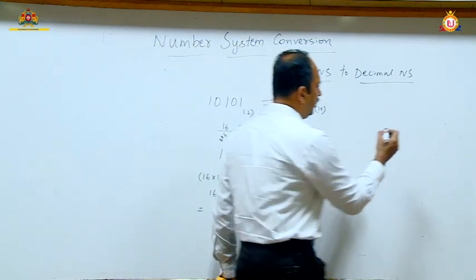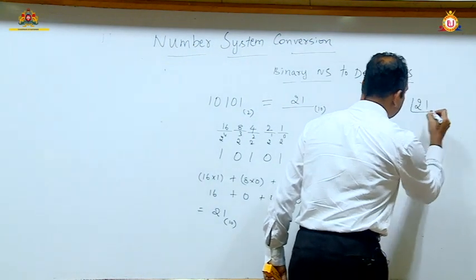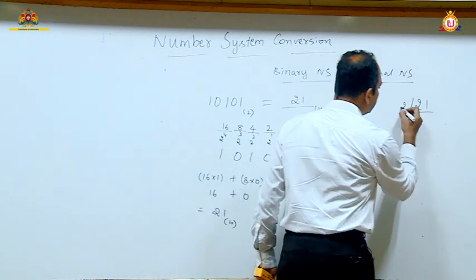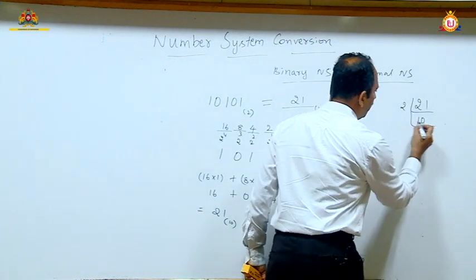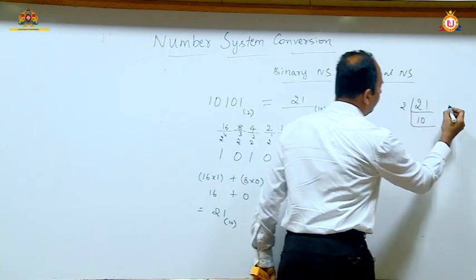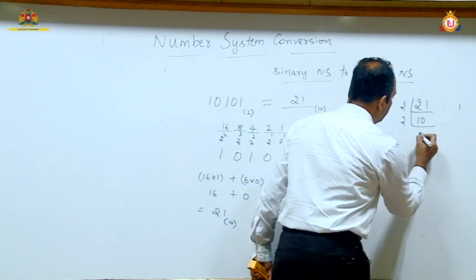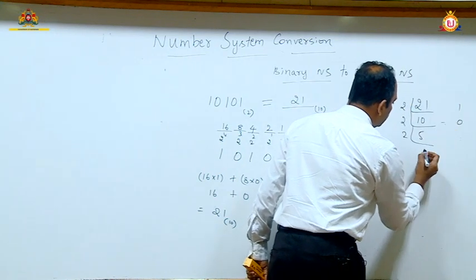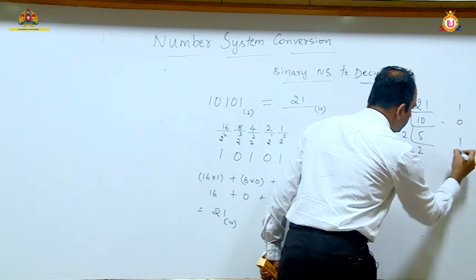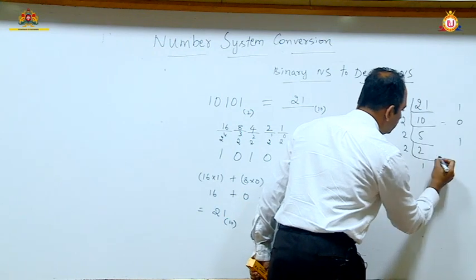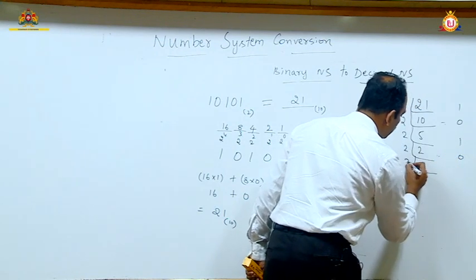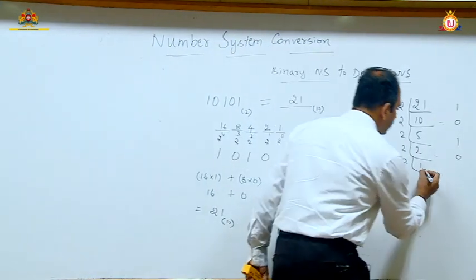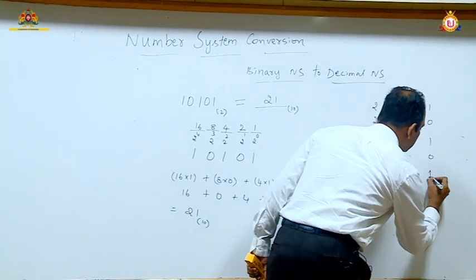So 21 is the decimal number, and I am converting it into a binary number. 2 times 10 is 20, difference is 1. 2 fives are 10, difference is 0. 2 twos are 4, difference is 1. 2 ones are 2, difference is 0, and 1 cannot be divided by 2, so this is written as it is.